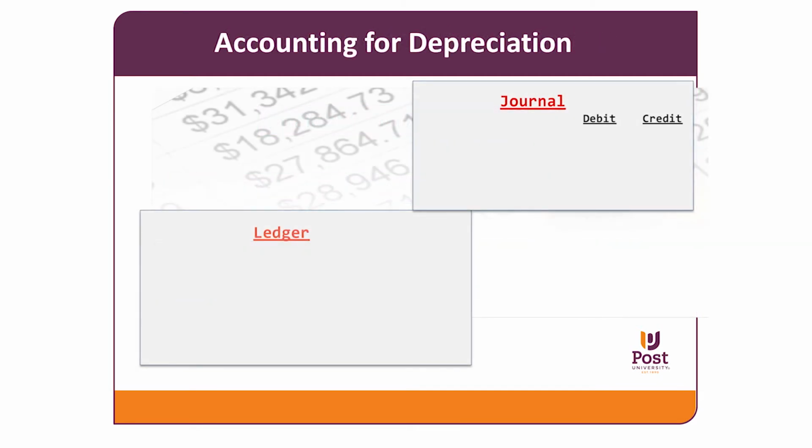Recording depreciation is an adjusting entry. It does not involve cash. Depreciation is known as a non-cash expense. We want to keep the asset account at its original cost. Therefore, we set up a contra asset called accumulated depreciation.